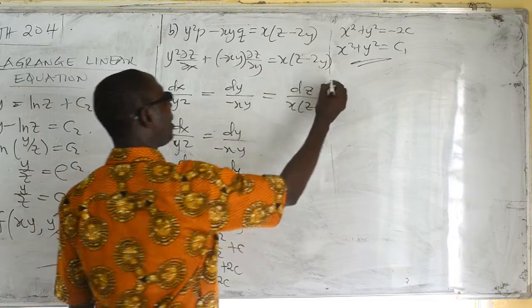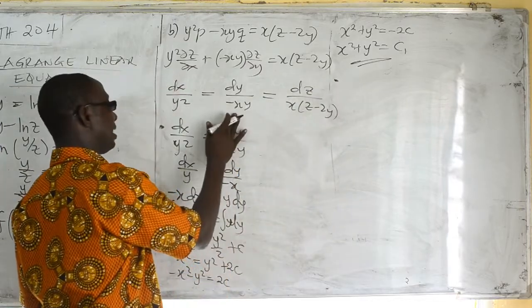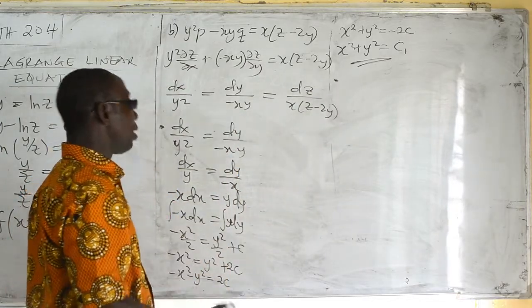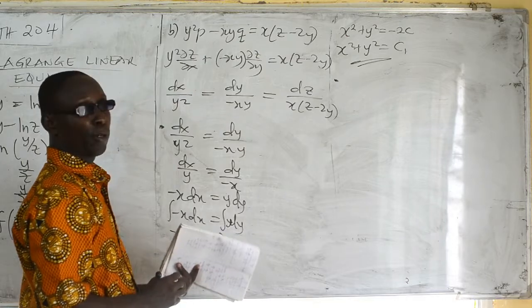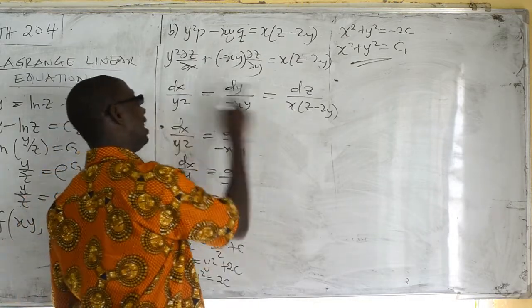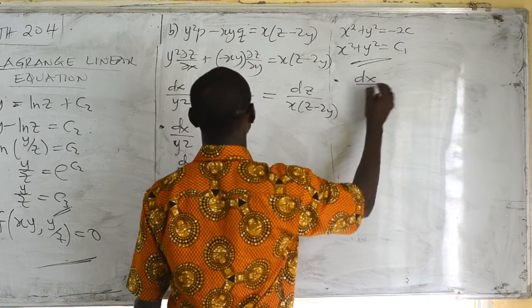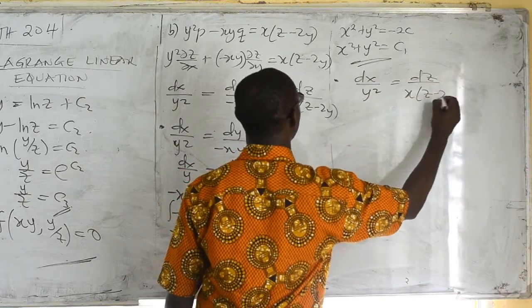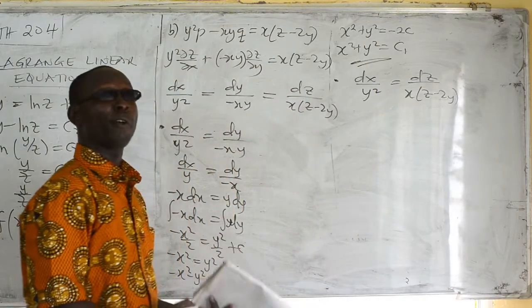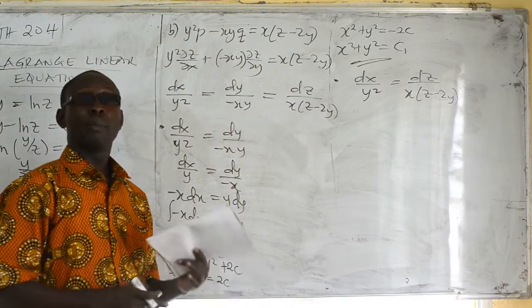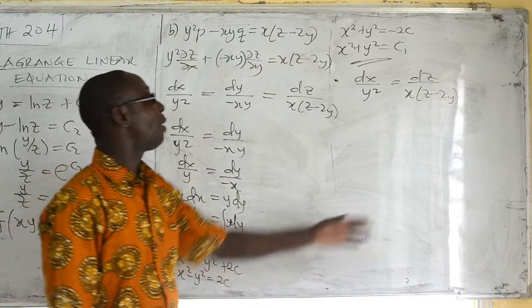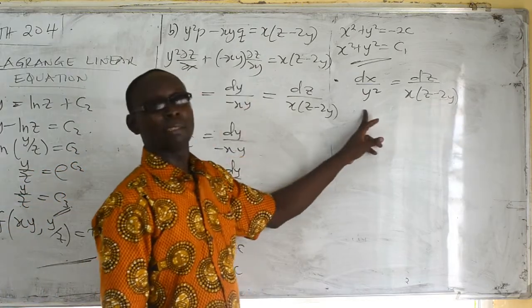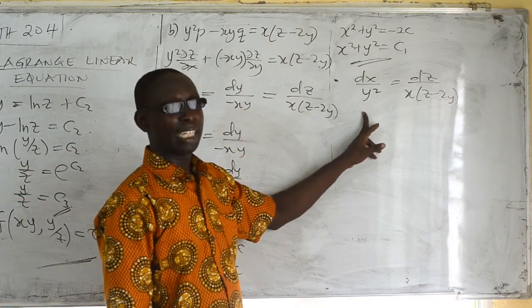Now this one I picked, this and this, and I realize it's solvable. Okay, I'm going to pick another one and check whether it's solvable or not. I'm picking this and this. The x over y squared is equal to dz over xz minus 2y. Remember I said that before you check whether it's solvable or not, put it in the simplest form. This one, I can't cancel. Can you see that I can't cancel?